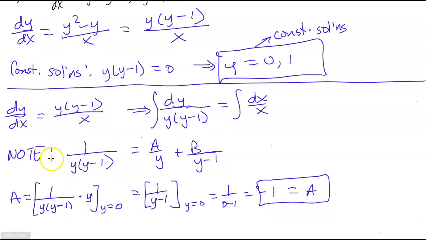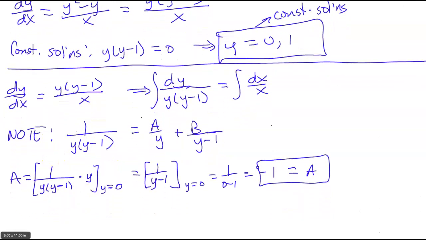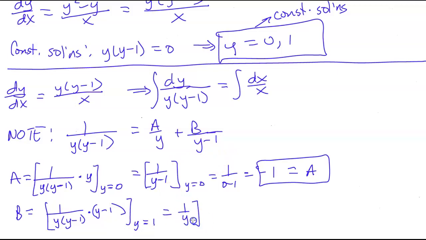We'll do a similar thing for B. But this time we'll multiply this by y minus 1, and we would evaluate this at y equals 1, because that's the value that makes the denominator go to 0. So this is equal to 1 here.